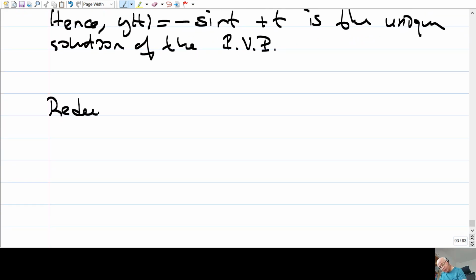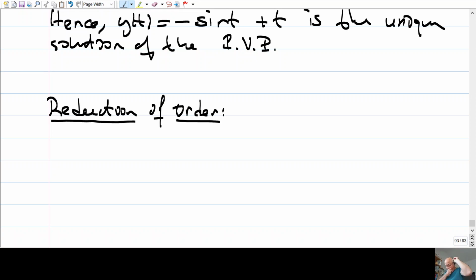Okay, reduction of order. What is this? So the idea is this. Consider a second order linear non-homogeneous equation.